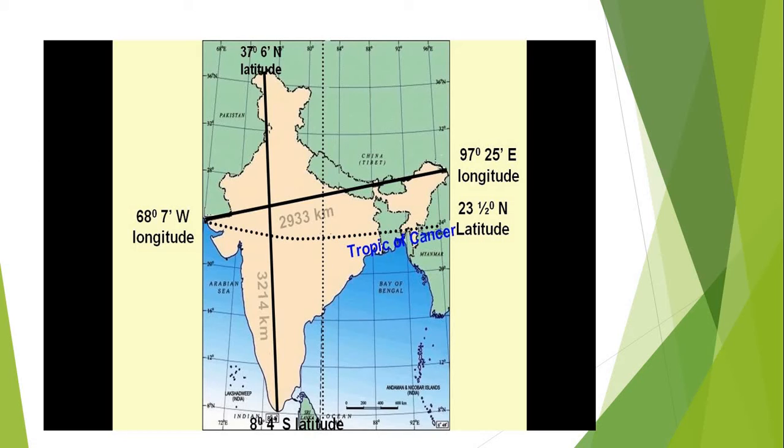From west to east, that is from Gujarat to Arunachal Pradesh, as you can see, there are approximately 30 longitude. Approximately 30 longitude means there will be around 2 hours difference. 15 degrees will have 1 hour difference. Next 15 degrees will have another 1 hour difference.